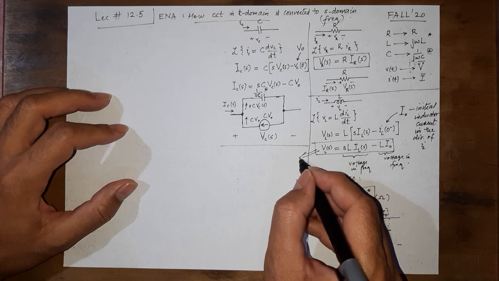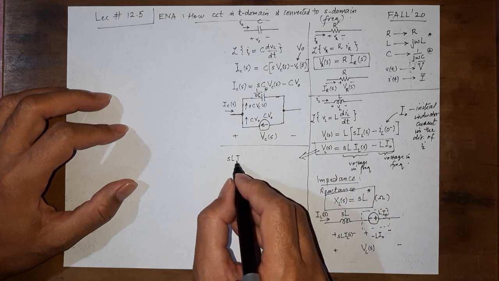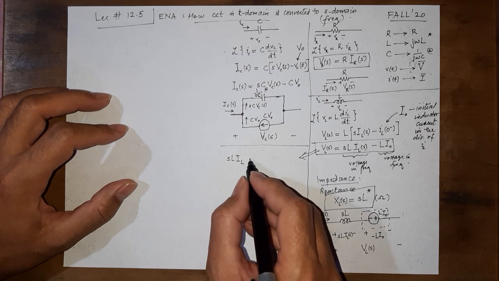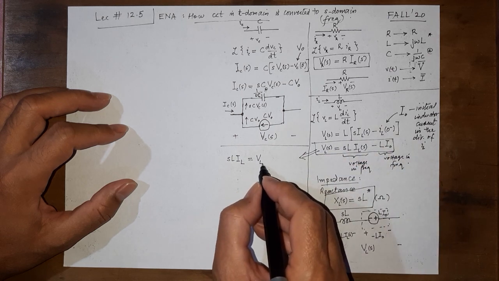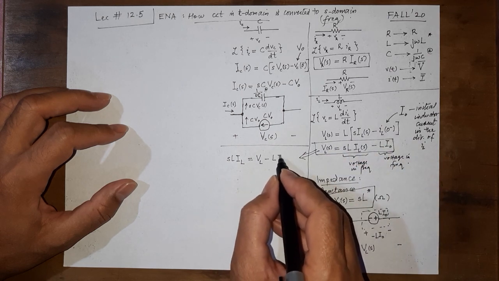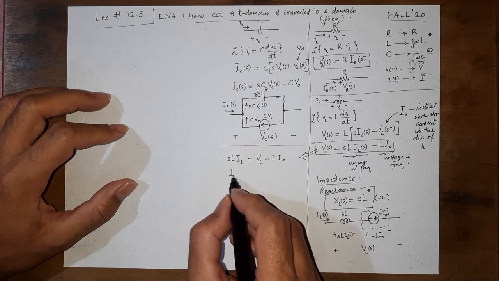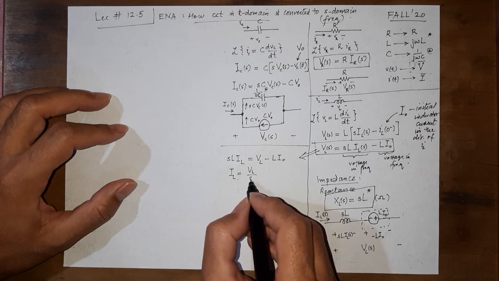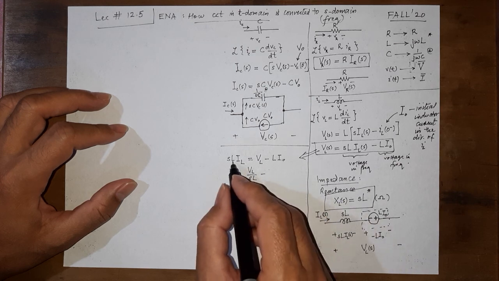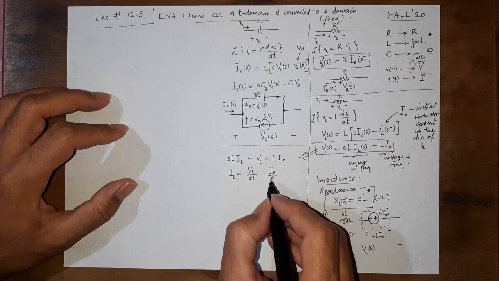So from this expression, SL IL, I am dropping that S argument, is equal to, this term comes to this side, VL minus LI naught, and this SL goes to the denominator. We get IL is equal to VL over SL minus this SL goes here as well, I naught over S.